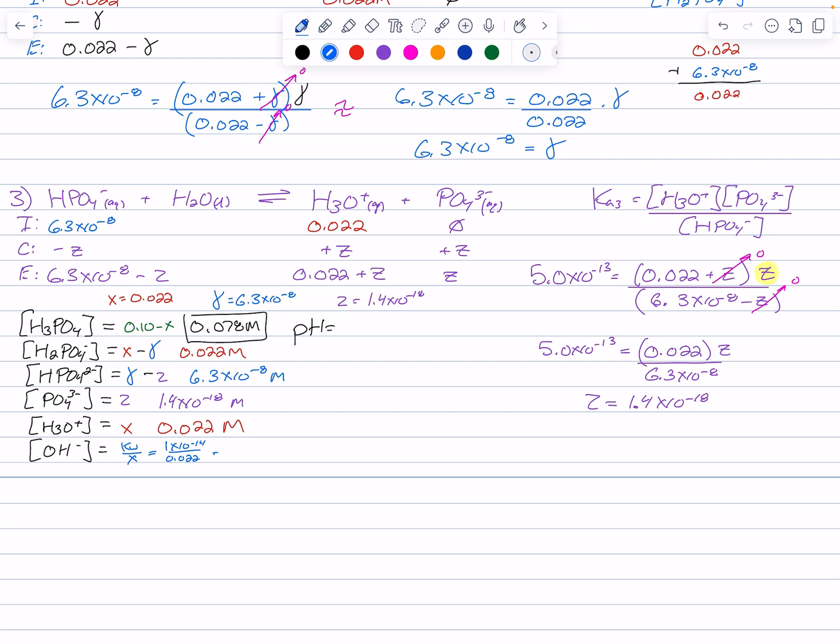I get 4.54 repeating, so 4.5 times 10 to the negative 13 molar. And the pH is negative log of X in this case, which is the negative log of 0.022. I get 1.657, so let's call it 1.7.